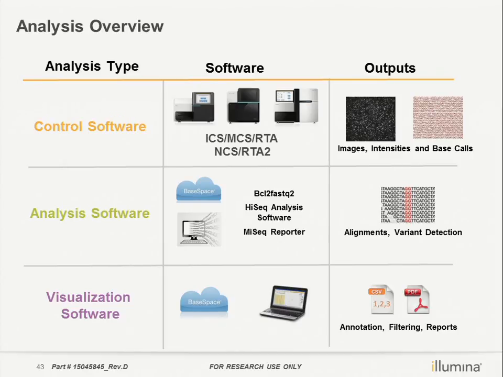Then the RTA will convert the image into a base call. That's why after the sequencing, what you get from the instrument is the base call files. But with only the base call files, it's really hard for human eyes to interpret, because it's just saying that for this cluster, this cycle is which nucleotide. But what we want is a sequence of that.